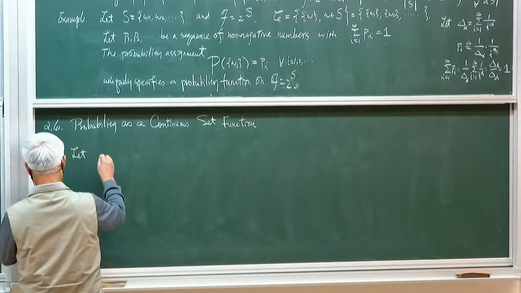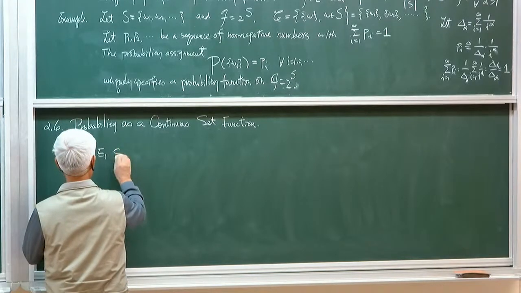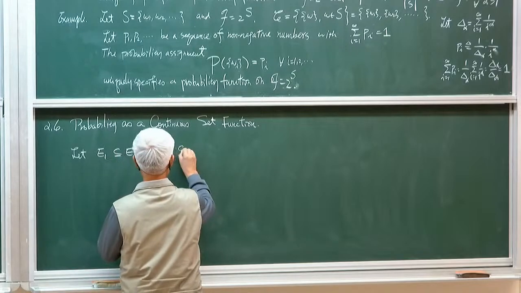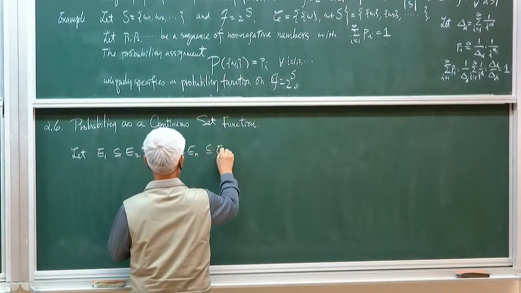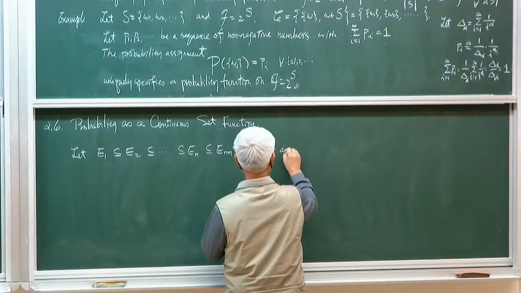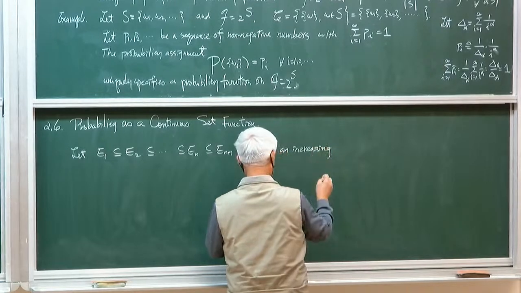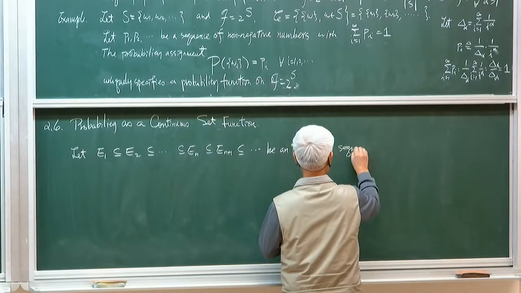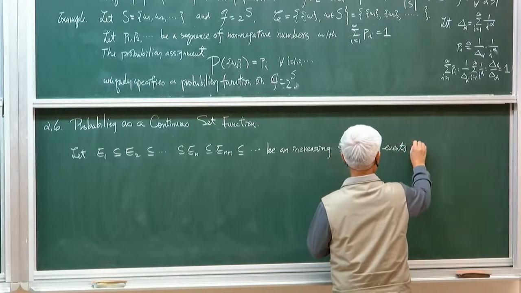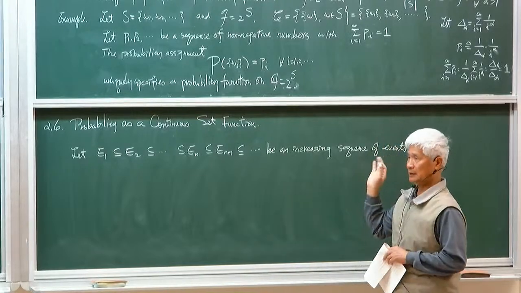Let E1, E2, up to En, En plus 1, be an increasing sequence of events in F. So they become bigger and bigger.